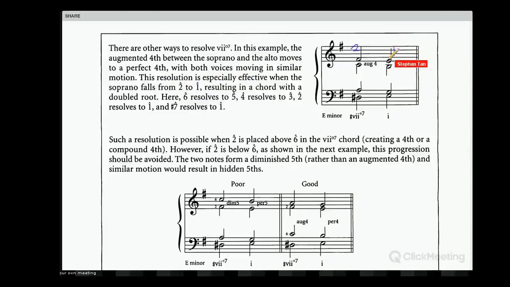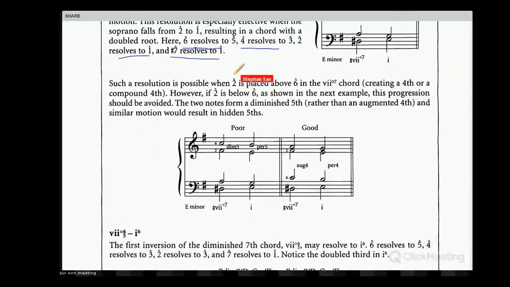Right, so 2 can go to 1. And this results in a chord with a doubled root. Here, 6 resolves to 5, 4 to 3, 2 to 1, and 7 to 1. But this can only be possible when 2 is placed above 6. Degree 2 is placed above 6, creating a fourth or a compound fourth.